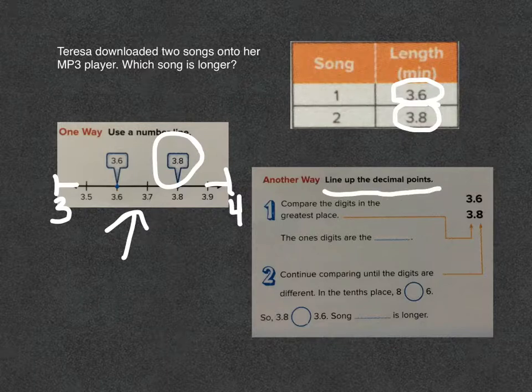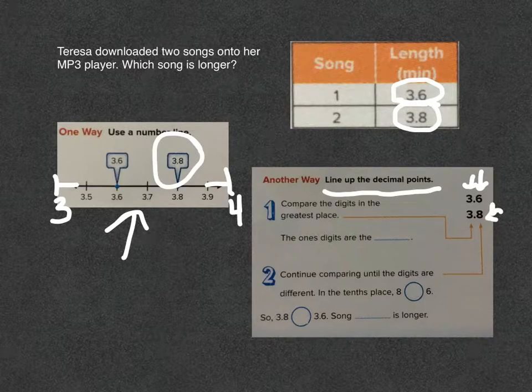So if we're going to compare the digits in the greatest place, first we're going to start on the left and compare our ones place, because that's the biggest place value we have here. They're both 3, so then I'm going to go to the right. Now this one only has 2 digits, so that's not too tricky. But we might have hundredths, thousandths, ten-thousandths, hundred-thousandths, so we might have to go over a few places if we have bigger numbers. Here we're comparing a 6 to an 8, and we know that 8 is bigger than 6.